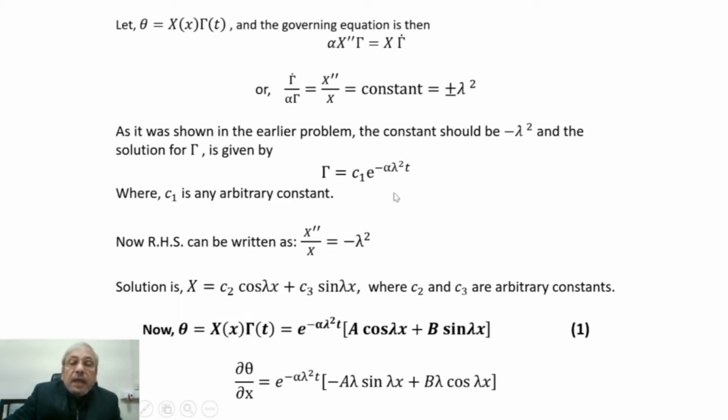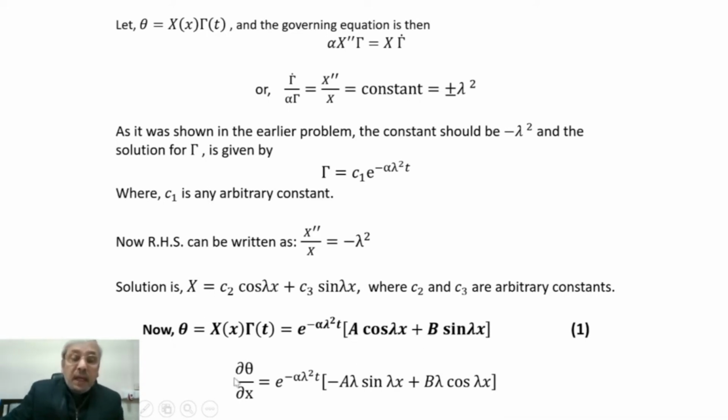The gamma part of the solution is C1 e to the power minus alpha lambda squared t, and the x dependent part is a cos lambda x plus b sin lambda x. This was originally C2 cos lambda x plus C3 sin lambda x. When it is multiplied by C1, we coin new constants a and b.